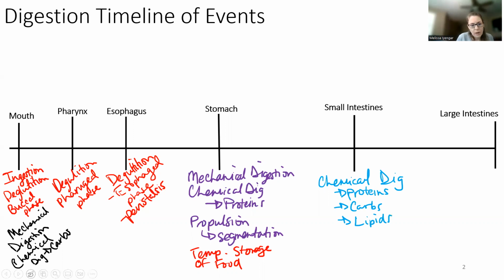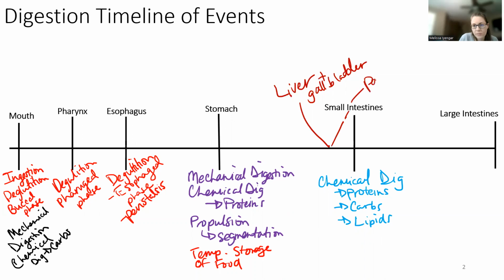So if you want to, maybe you put a little thing right here that says liver plus gallbladder. And then you also have pancreas going that way.